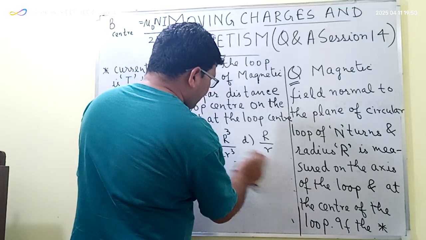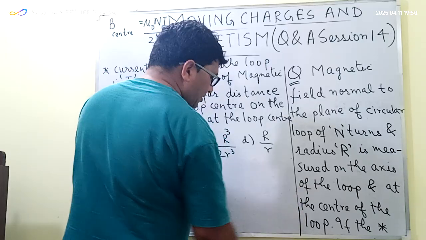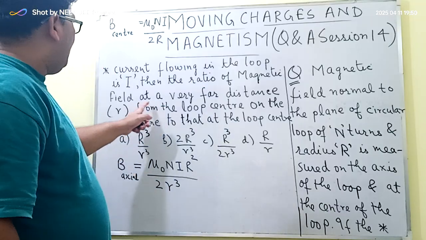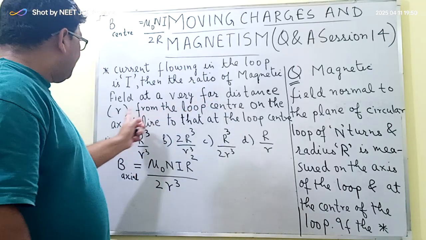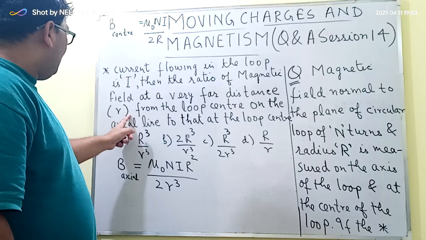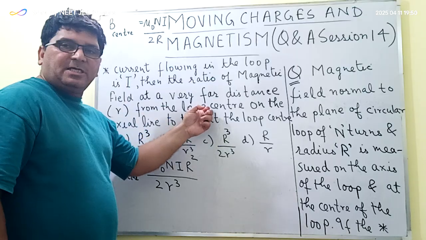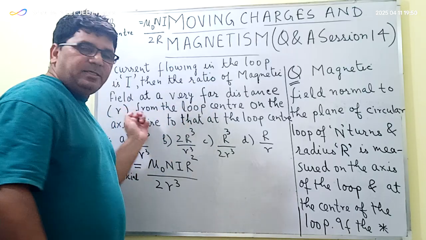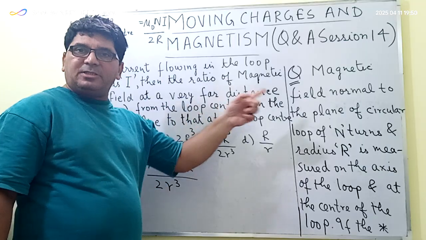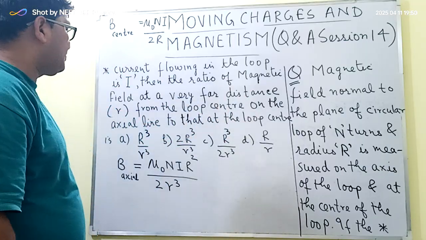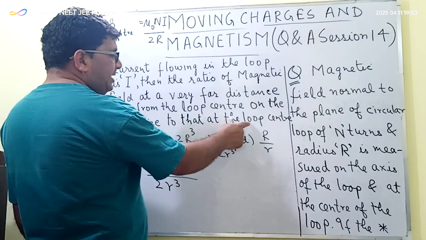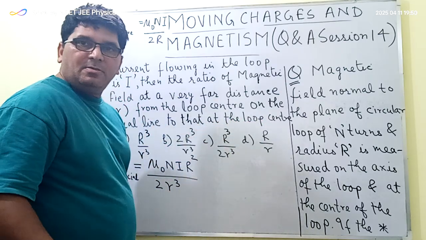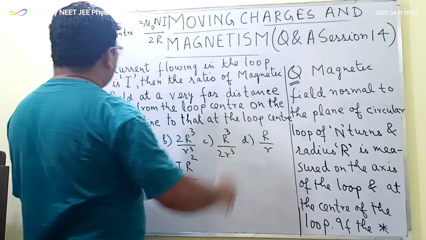Now we have to find the ratio of the magnetic field at this distance r from the center of the current carrying loop, and this point is located on the axial line of this current carrying loop, to that at the center of this current carrying loop.